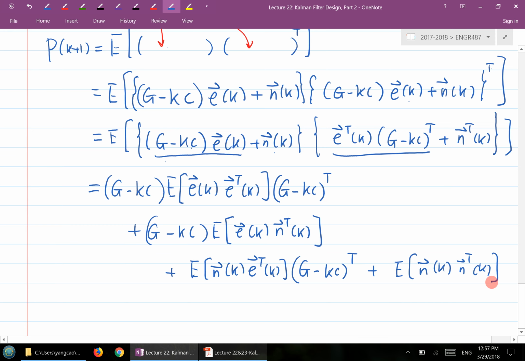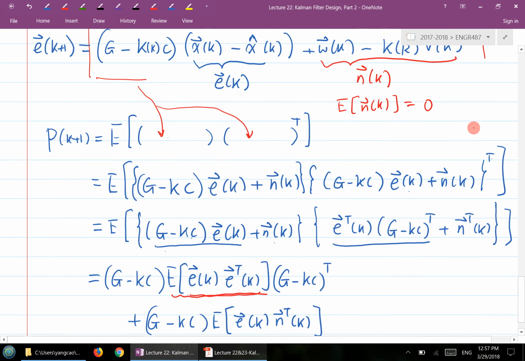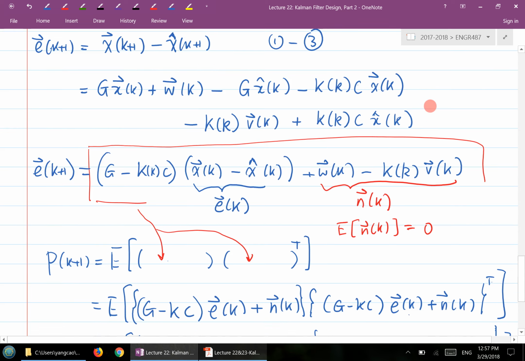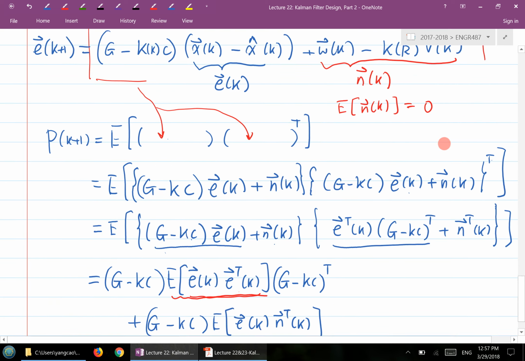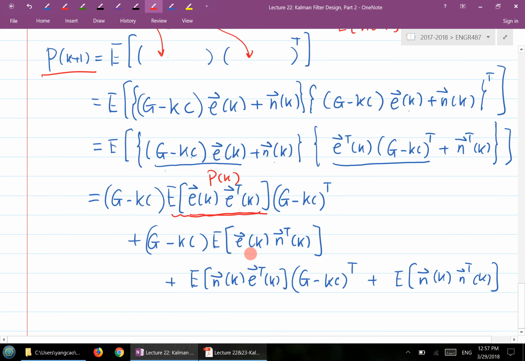So from here, if you take a look at the first one, the expected value of E(k) E transpose(k), what is this one here? P of K, exactly. Excellent. So this is basically P of K. And then the second one is E multiplied by N transpose.